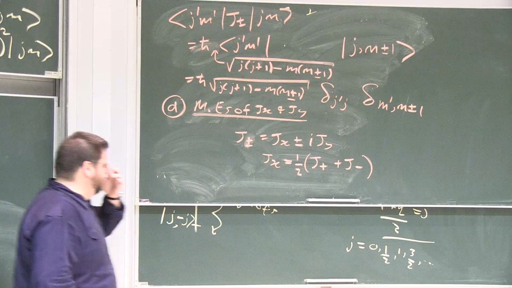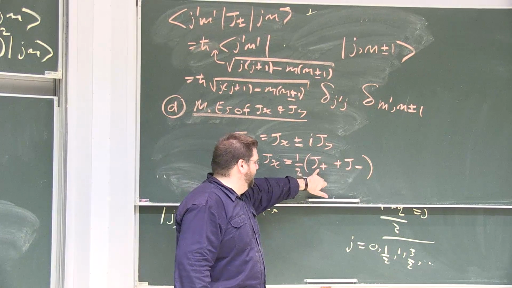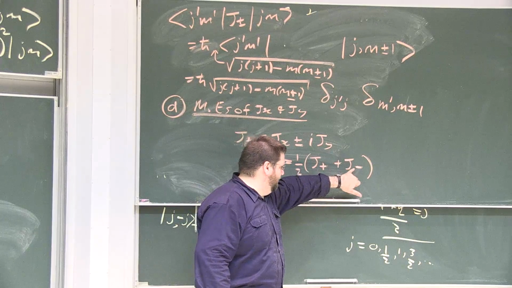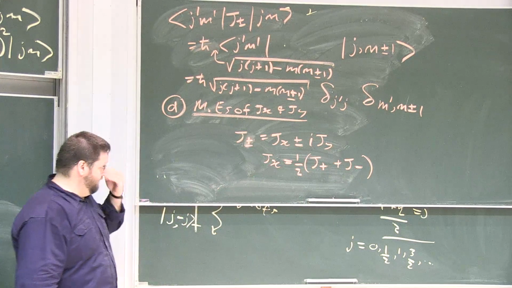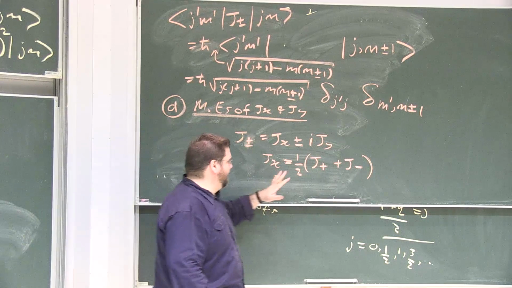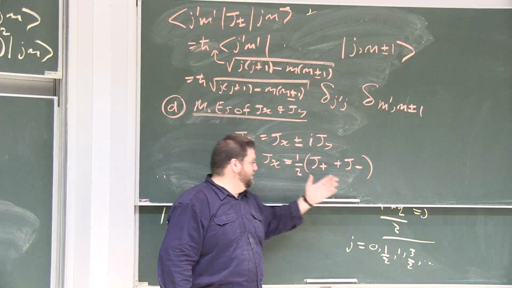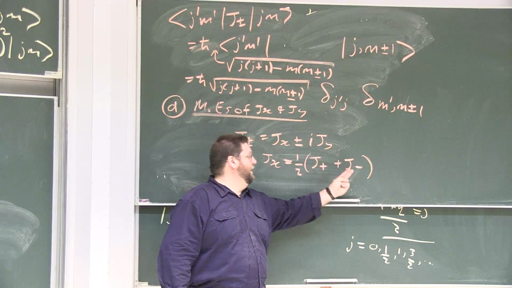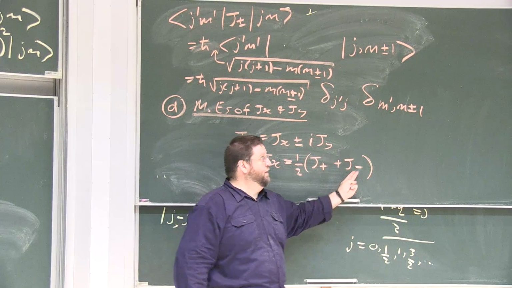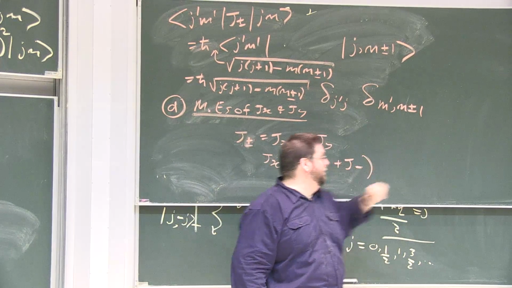Since this is linear algebra, if we know the matrix elements of j plus and of j minus, we add them together, divide by 2, and we get the matrix elements of jx. We've calculated them both just before.